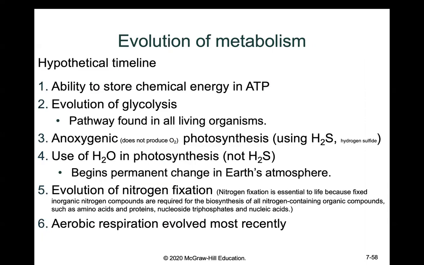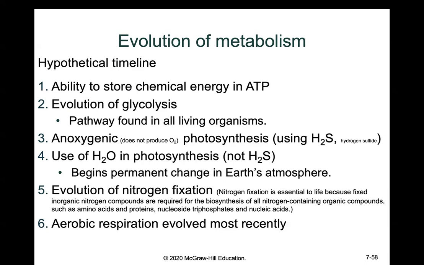So for my last topic, it's the evolution of metabolism. We are very interested in seeing how our metabolism specifically evolved. If we go really far back in time to the earliest creatures that we found, we see that these creatures did not have the enzymes for glycolysis.